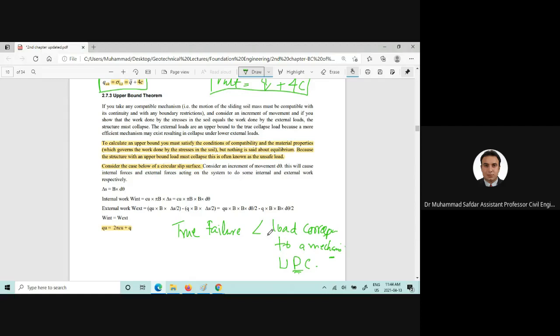Whatever load we are getting from the upper bound, the true failure load will be less than that, because this is the upper bound and this is the lower bound condition. So this is the true loading condition. Now we are estimating the lower bound condition and we are also estimating the upper bound condition.